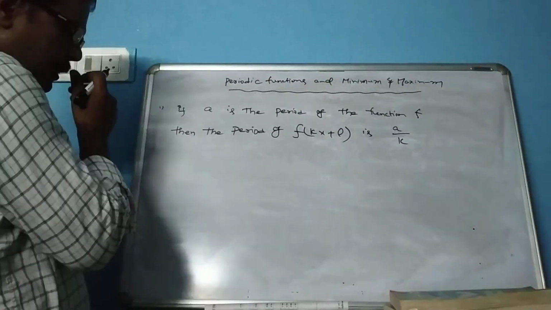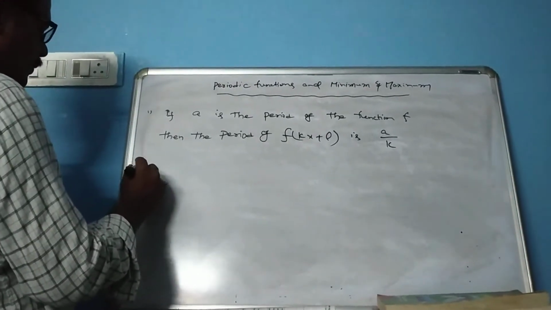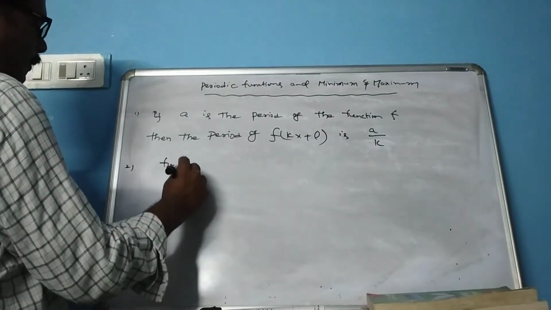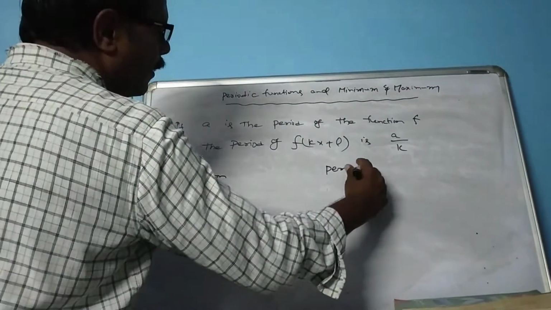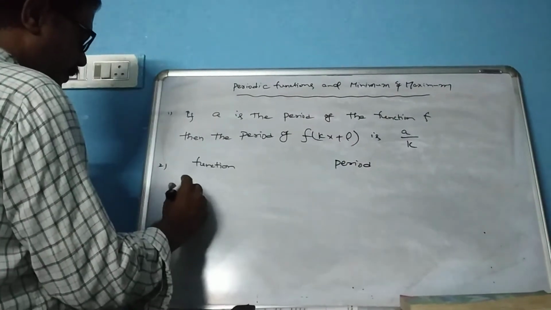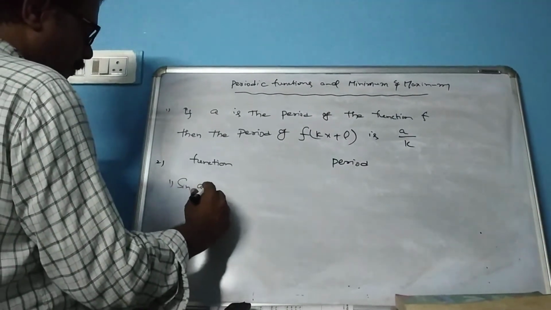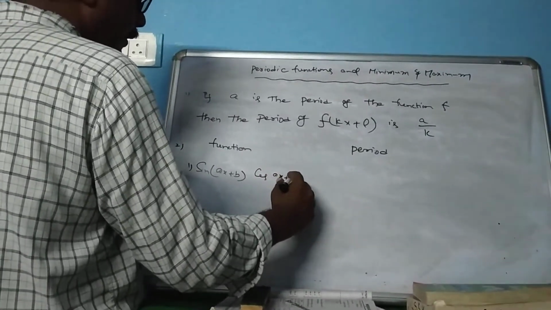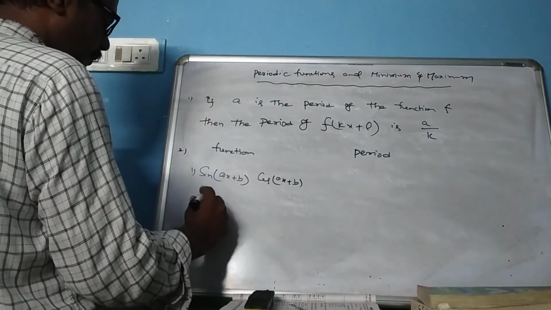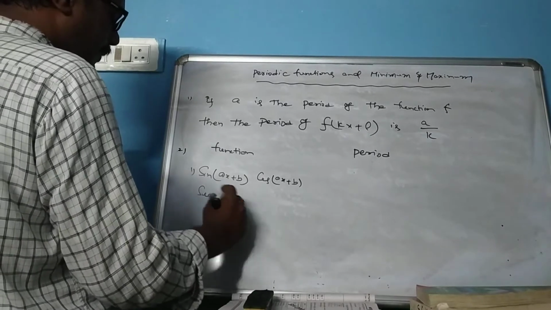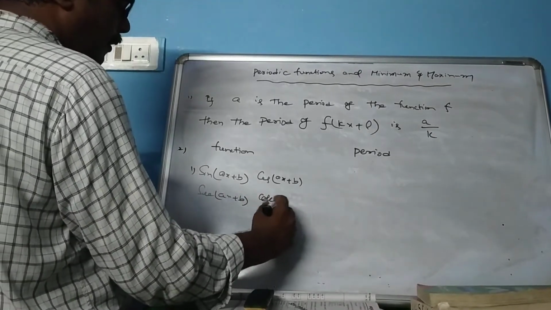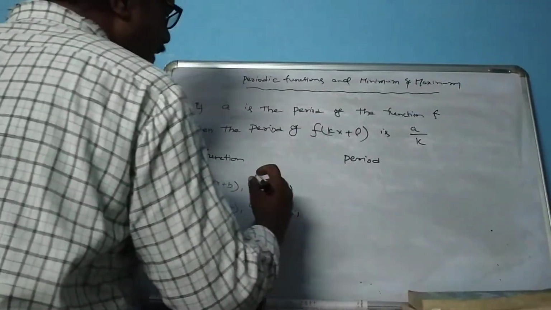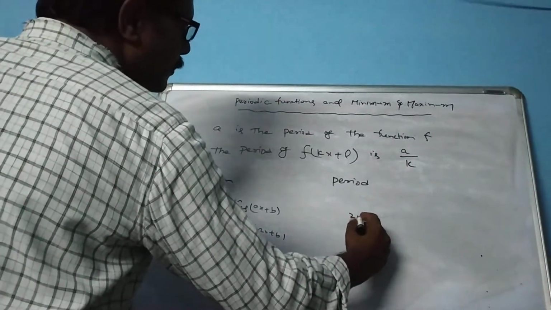You see, friends, the period of the functions sin ax plus b, cos ax plus b, secant ax plus b, cosecant ax plus b is 2 pi by a.